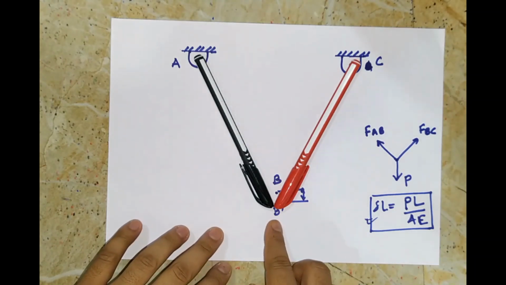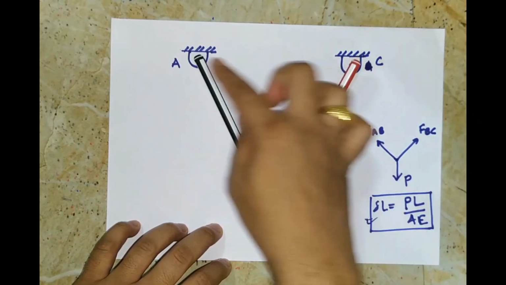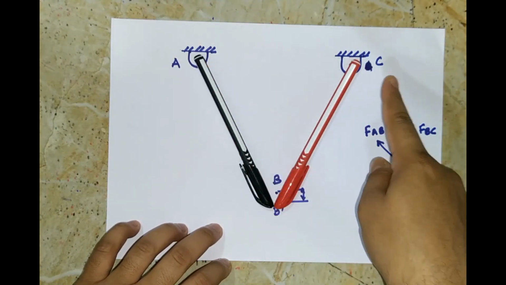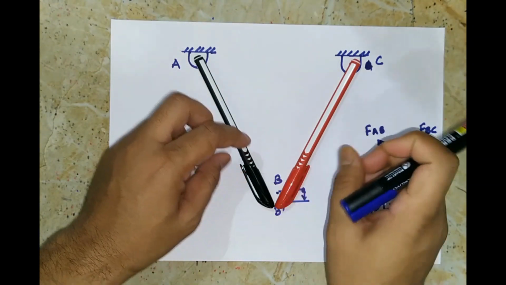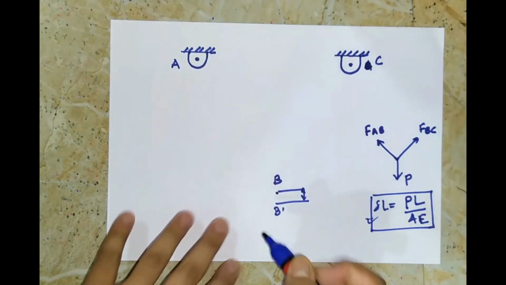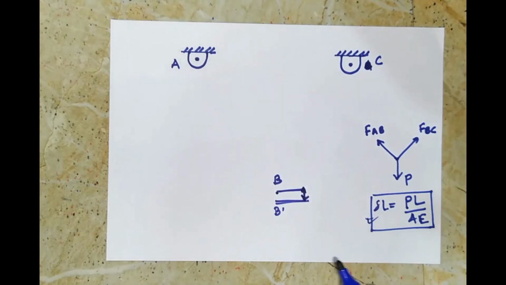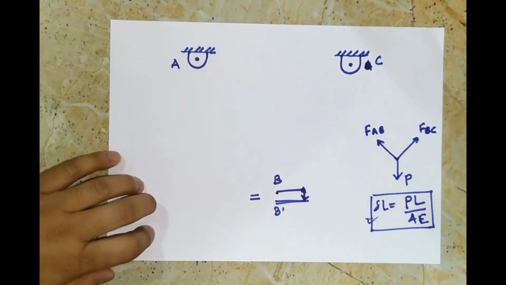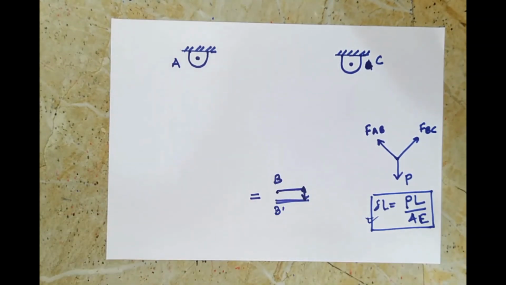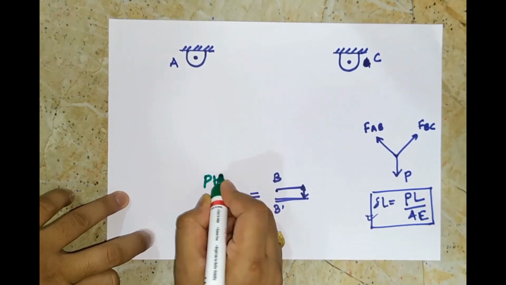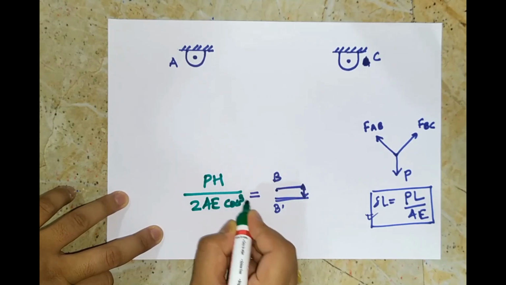So this is the final position of joint B. Before elongation it was ABC, now it has become AB dash C. So after the increased length, the final position will come at B dash, and B dash gives us the exact elongation in the truss, which will be derived as PH by 2AE cos cube beta.